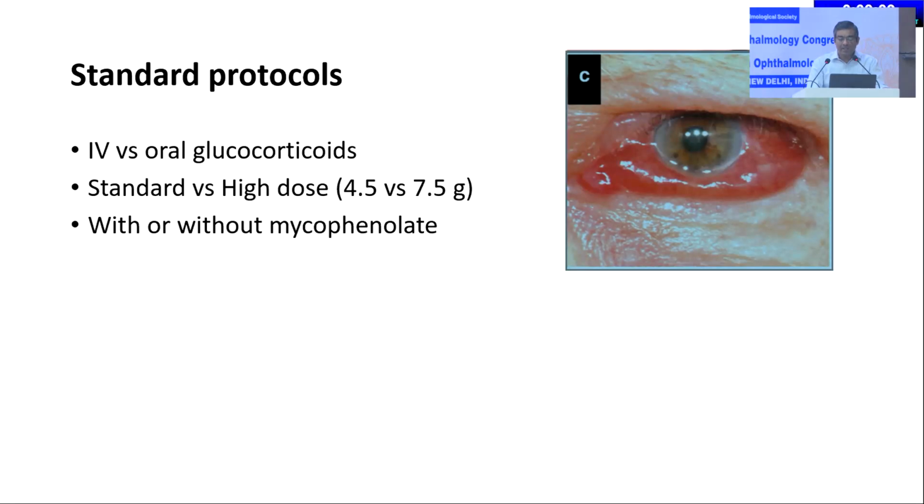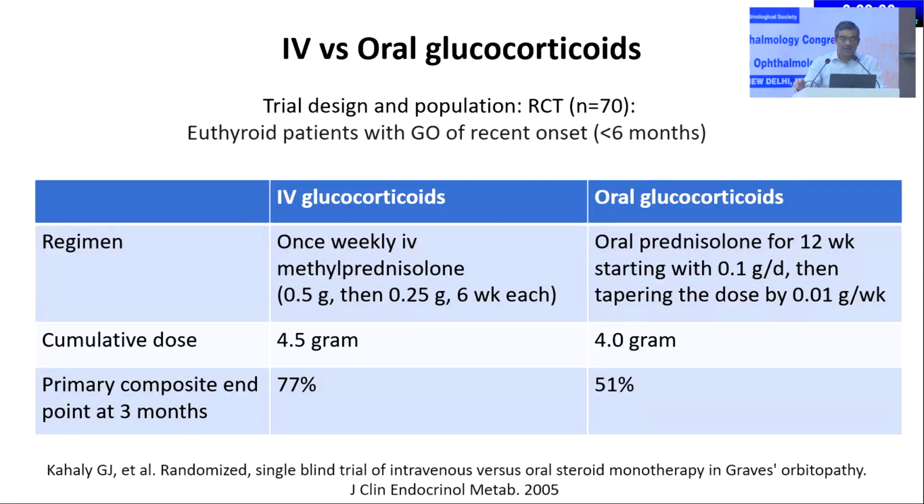So these are the three things which go into decision making at the first assessment visit regarding first line institution of immunosuppression.